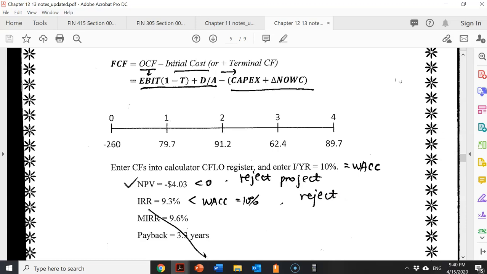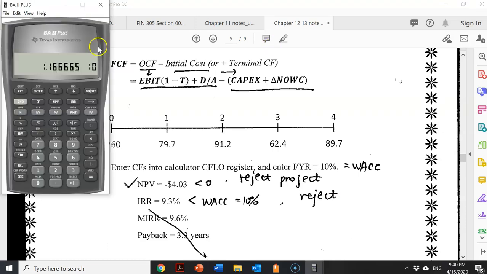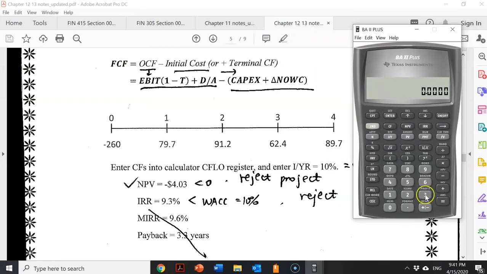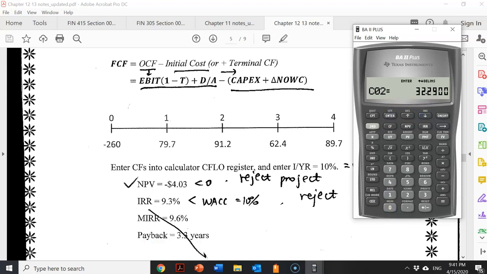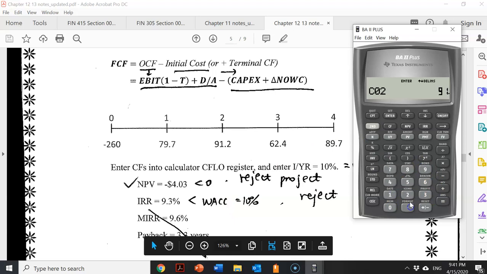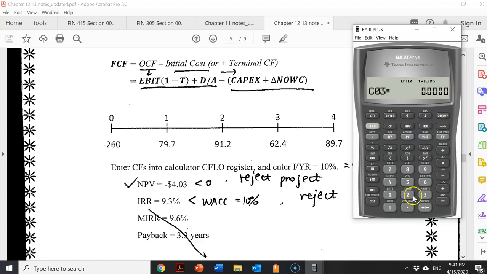To help you review how we can calculate NPV and IRR on the financial calculator, let's try to input the free cash flows in the calculator here. Cash flow 0 should be negative 260, enter. Cash flow 1, 79.7, enter. Frequency 1 should be 1, enter. Cash flow 2, 91.2, enter. Frequency 2, 1. Cash flow 3, 62.4, enter.